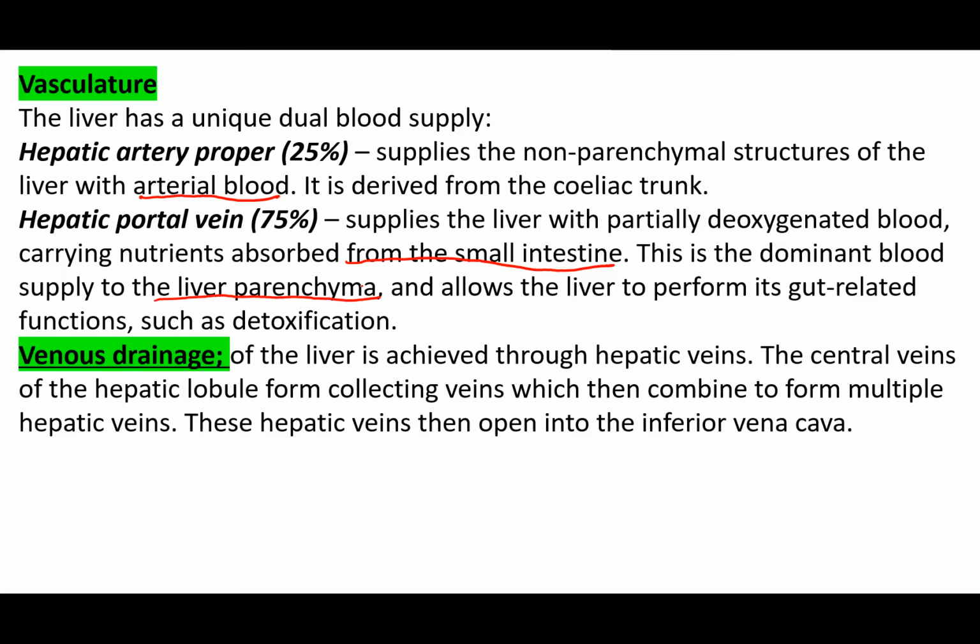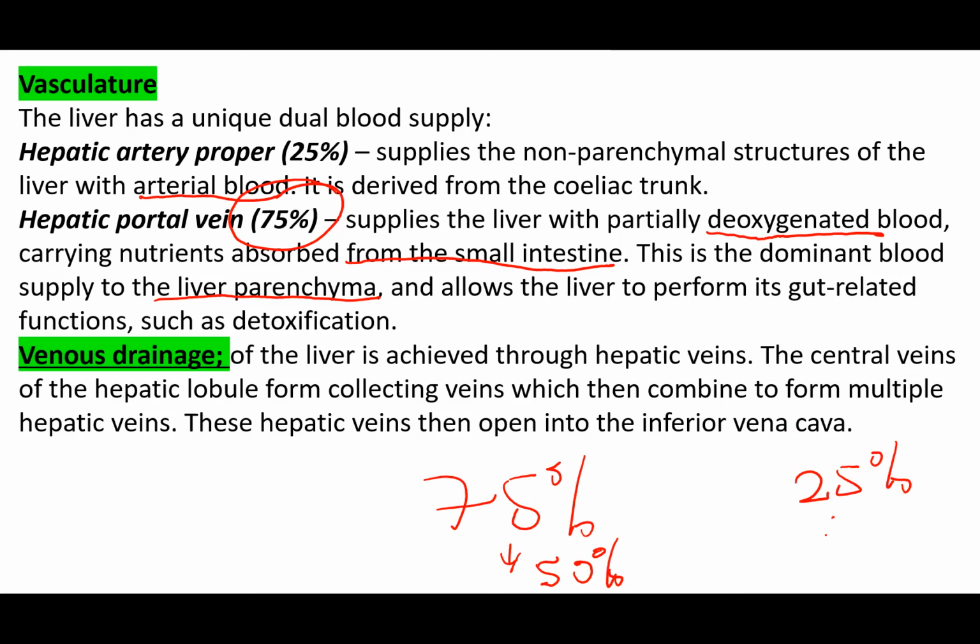Now, you should know that 75% of this blood is coming to the liver via the portal vein. Even though it is partially deoxygenated, if you look at the amount, this 75% will provide 50% of the oxygen, and the 25% will provide 50% of the oxygen.